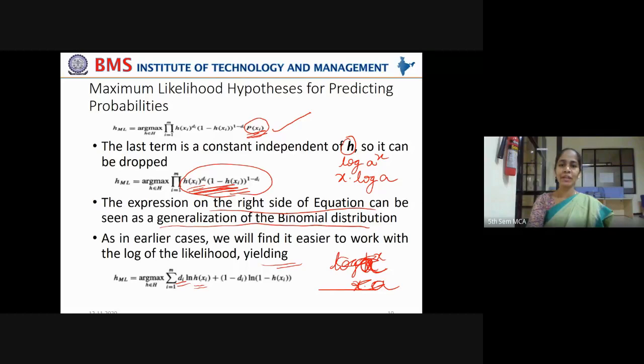That formula you know very clearly, right? So when you apply log to this entire term, this becomes log of h of xi to the power di plus log of 1 minus h of xi to the power 1 minus di. Now, when you apply the log, that exponent term comes to the beginning, as I said: di log h of xi plus 1 minus di log of 1 minus h of xi.